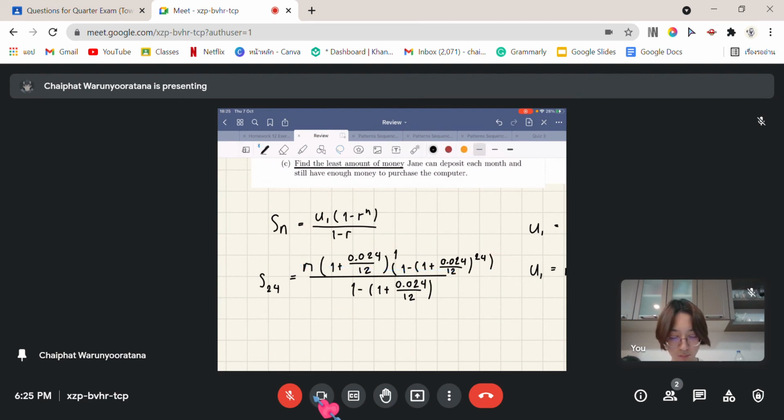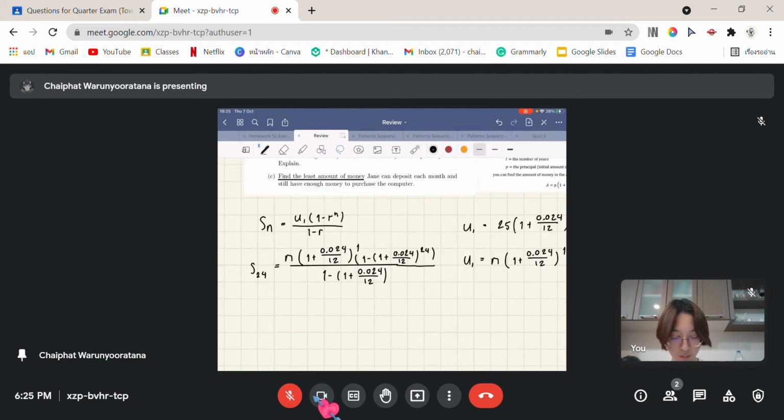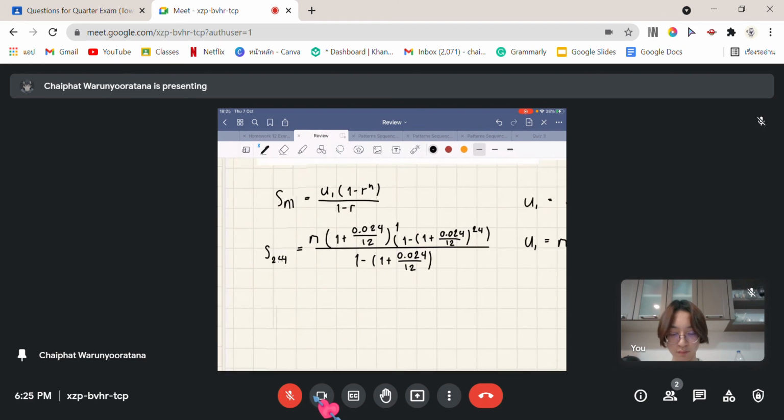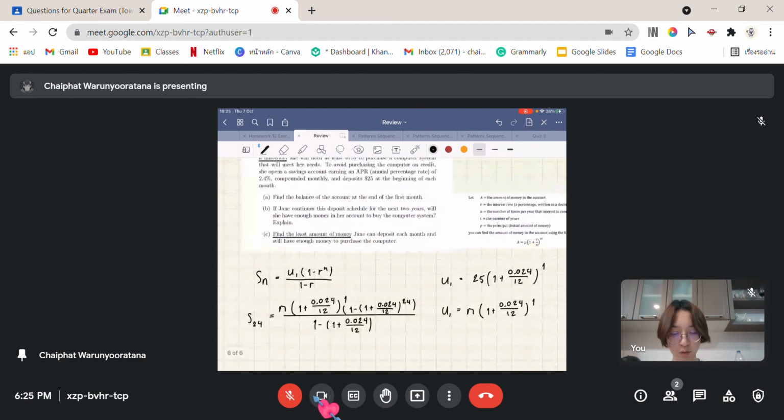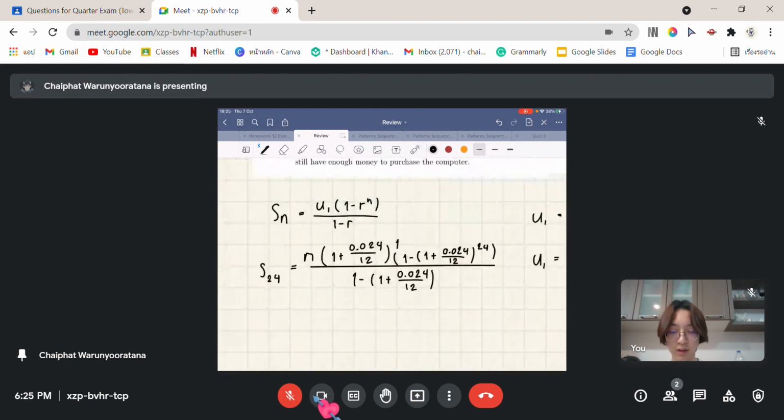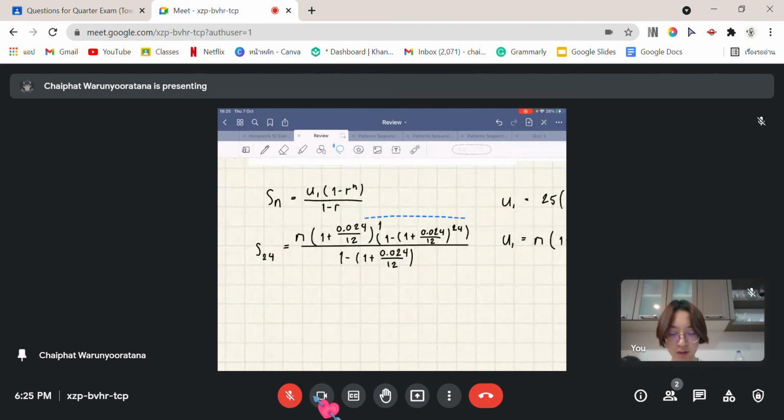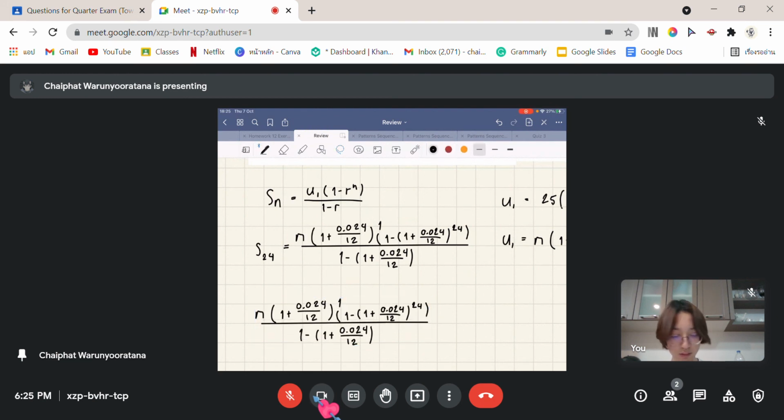Okay. So now this is our new equation, and we are going to find n. We also need to have more than $750. Therefore, we can rewrite it like this.